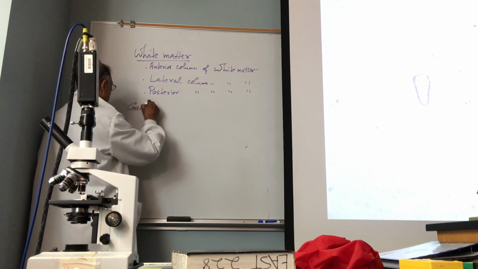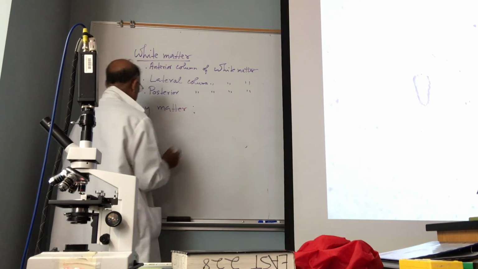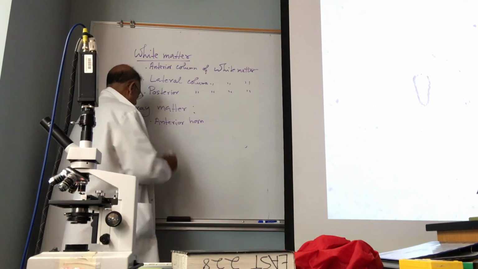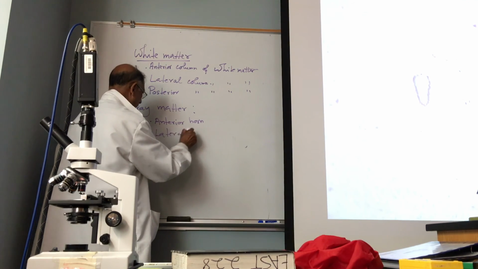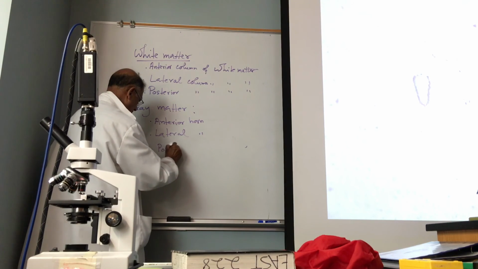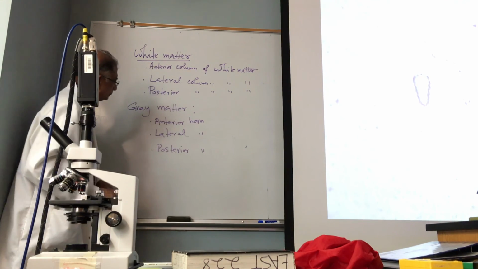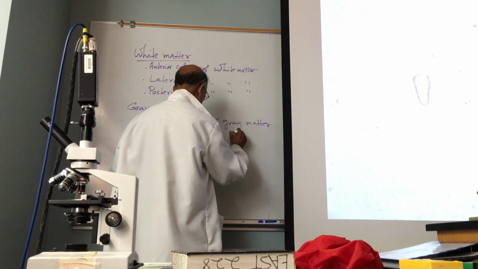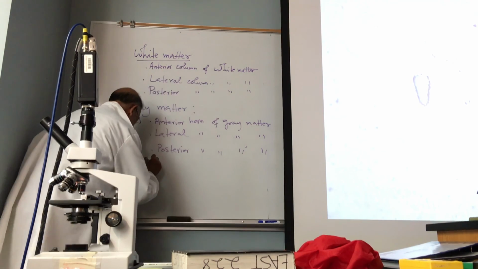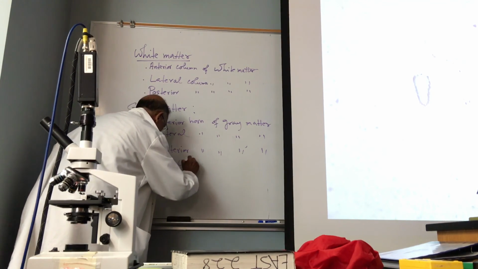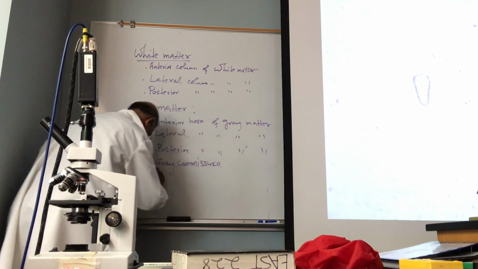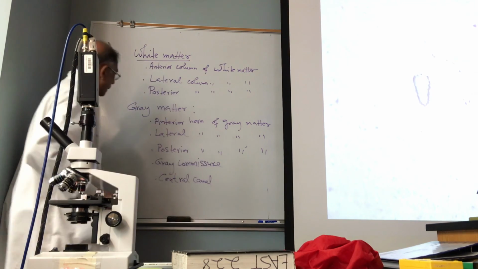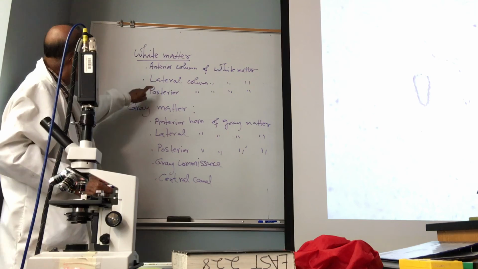Gray matter: anterior horn, lateral horn, posterior horn, of course, then gray commissure. So how many? 1, 2, 3, 4, 5, 6, 7, 8.